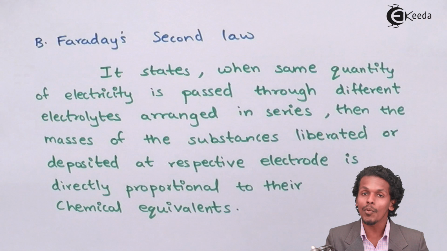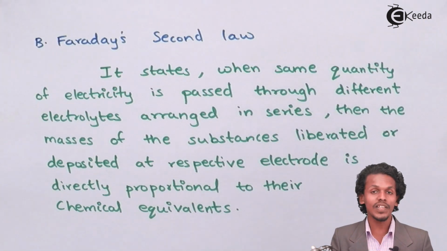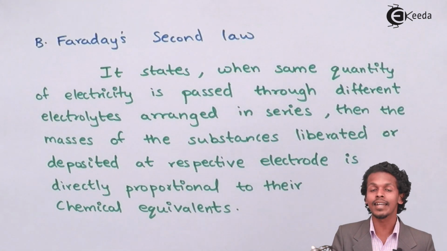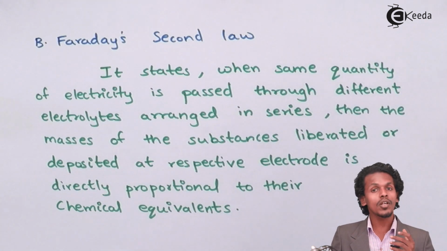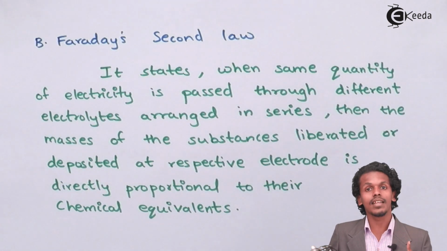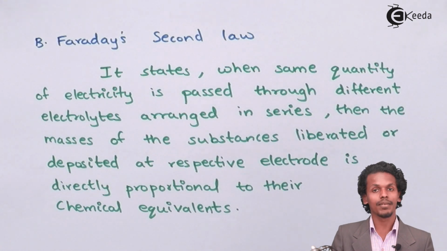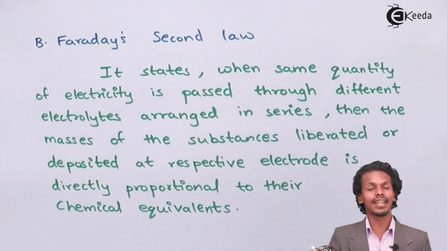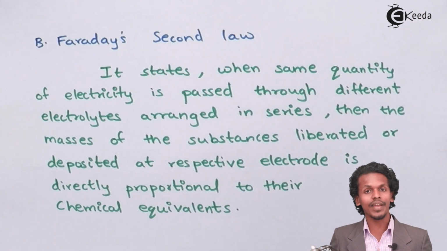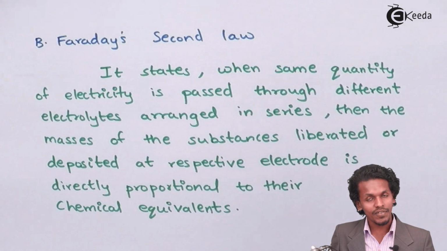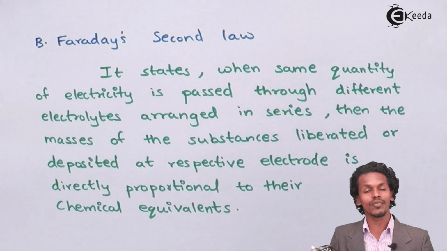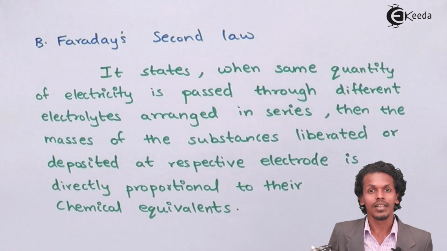Even though the same amount of current is passed through both solutions, when these two cells are connected in series, by observing the metal or chemical appearing on the cathode and anode, and by arranging many half cells, we could estimate which chemical has the higher equivalent weight.